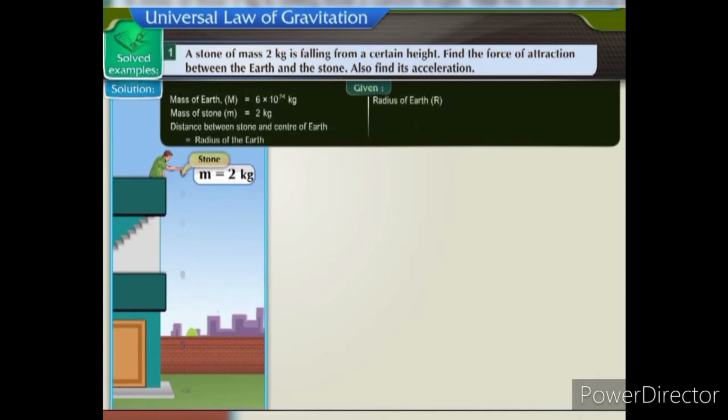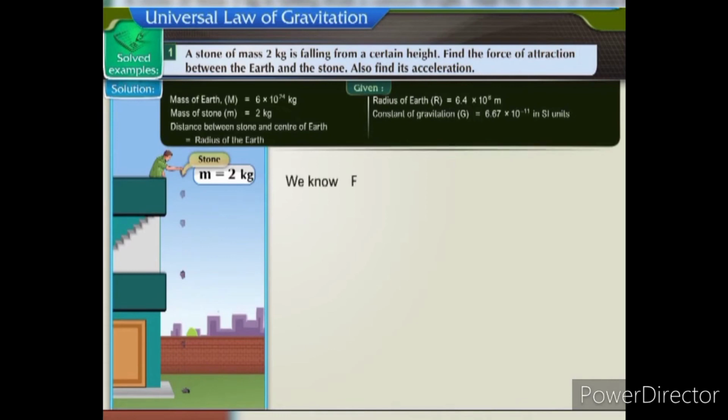Radius of the earth, R, is equal to 6.4 into 10 raised to 6 meter. Constant of gravitation, G, is equal to 6.67 into 10 raised to minus 11 in SI units.